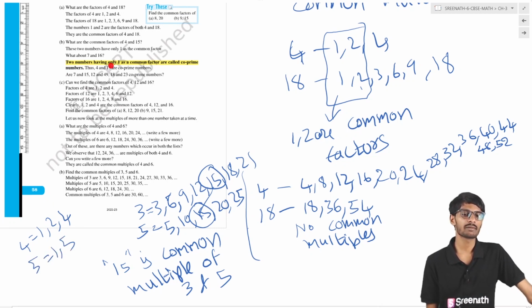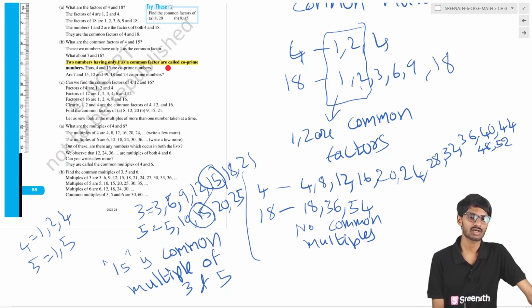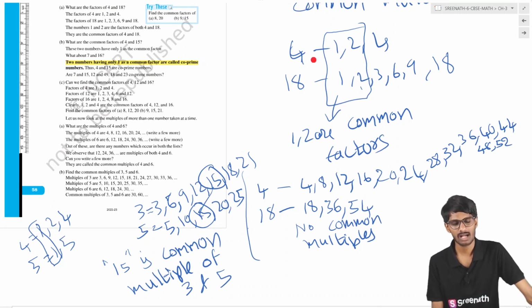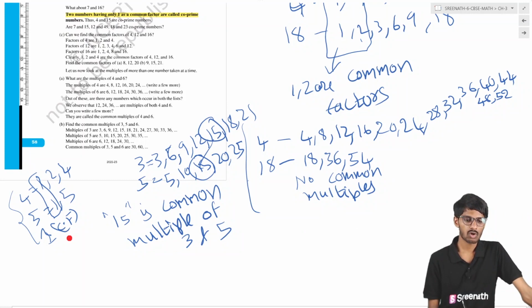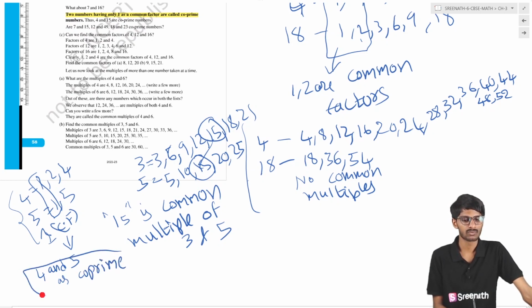Here 1 and 2 are the common factors of 4 and 18, but for 4 and 5, 1 is the only common factor. So any two numbers having only 1 as the common factor, like 4 and 5, we call co-prime.